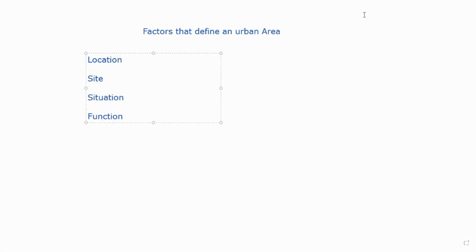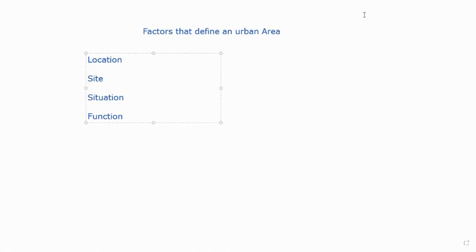But in situation, it's more of the human geography thing, more of human interaction: what is the situation of that area where an urban area is present, in terms of socioeconomic condition, political condition, law and order.